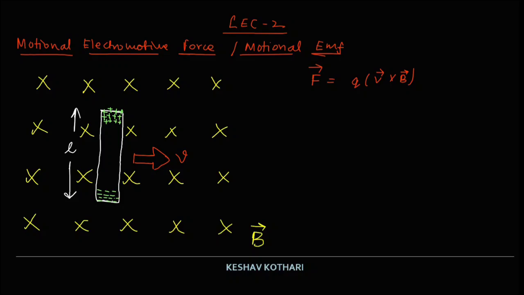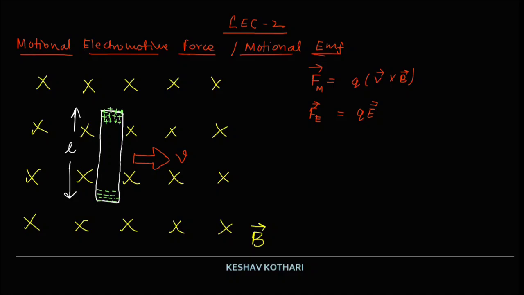Now in equilibrium, the electric force will balance the magnetic force. Due to these induced charges, an electric field is produced which exerts a force on the charge. Just like the magnetic force Fm is equal to q v cross B, the electric force acting on the charge is q E vector.